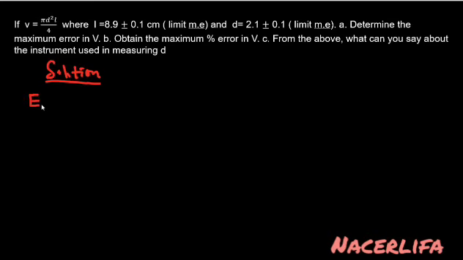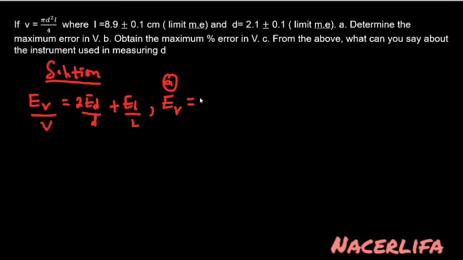From the formula we know before now, the maximum error in V upon V equals, the pi here is a constant, so since d is to the power 2, we have 2 times maximum error in d upon d, plus maximum error in l upon l. The 4 is a constant, so we shall not consider it. If we make the maximum error in V subject of the formula, we get the answer to number a.